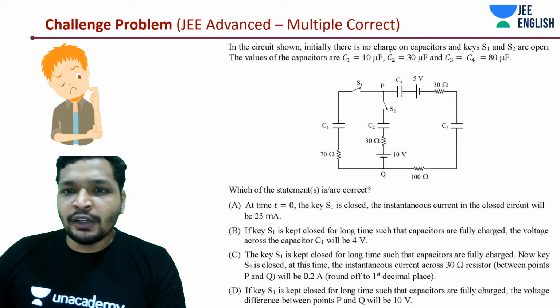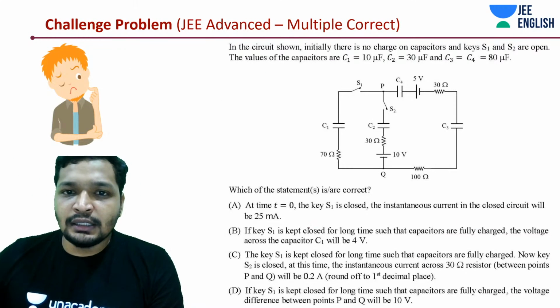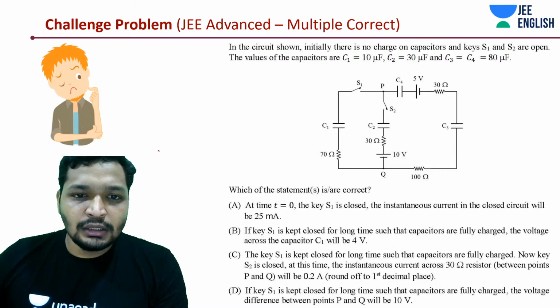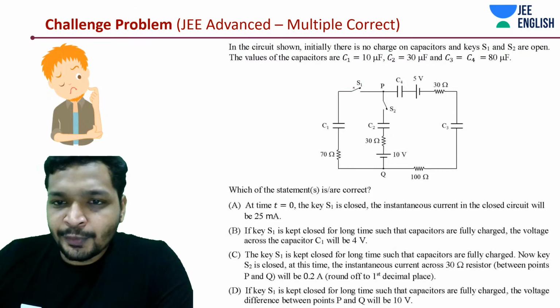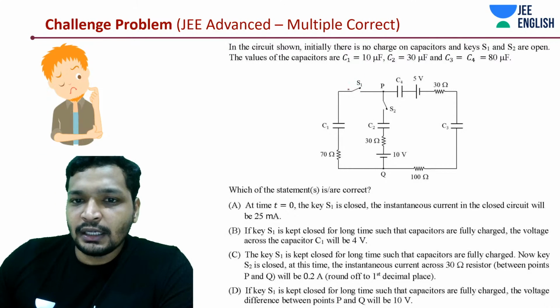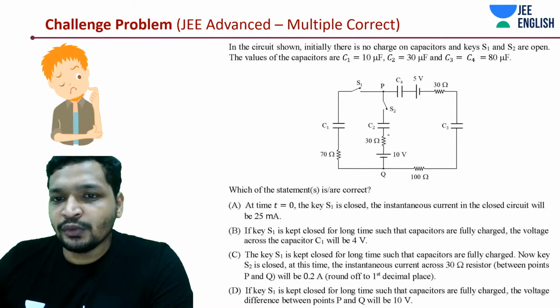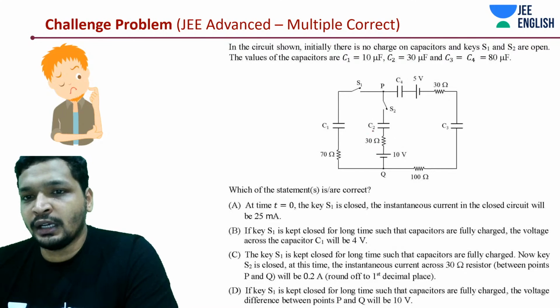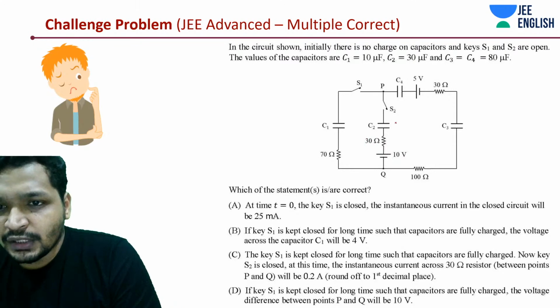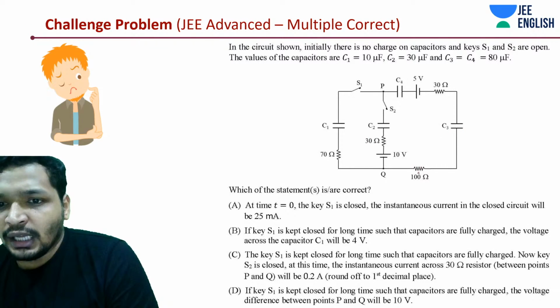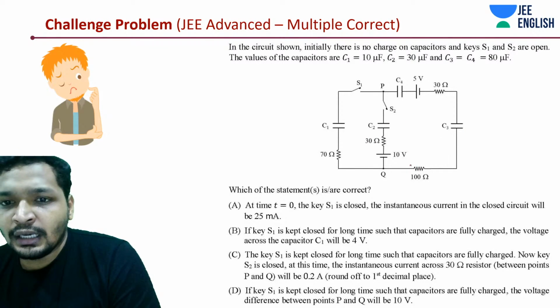So first of all, you are given an entire circuit, and how does this circuit work? The circuit is a little weird. It has 2 switches, one switch S1, and here capacitor C1, here C2. I can show you this picture zoomed in. So this is C3 and this is 100 ohms, and this is 30 ohms, and this is 30 ohms, this is 70 ohms.